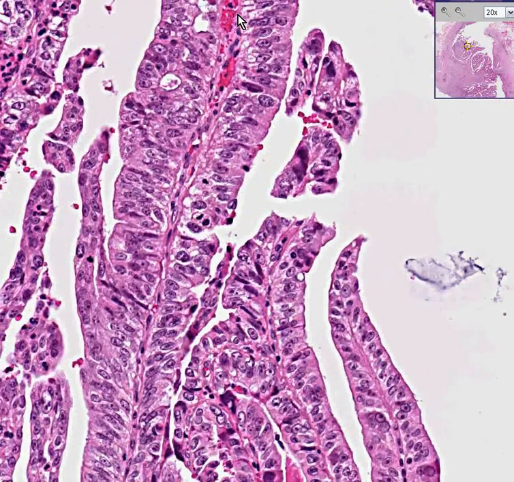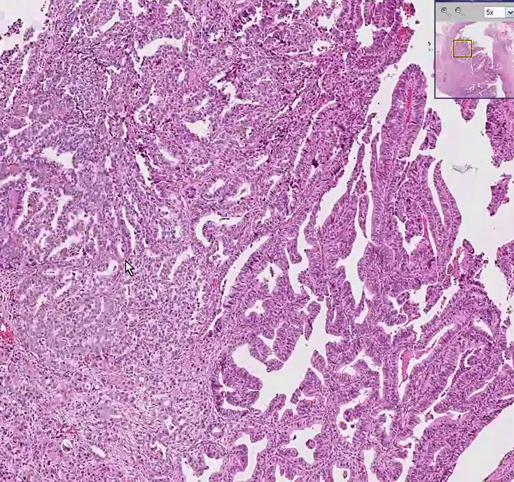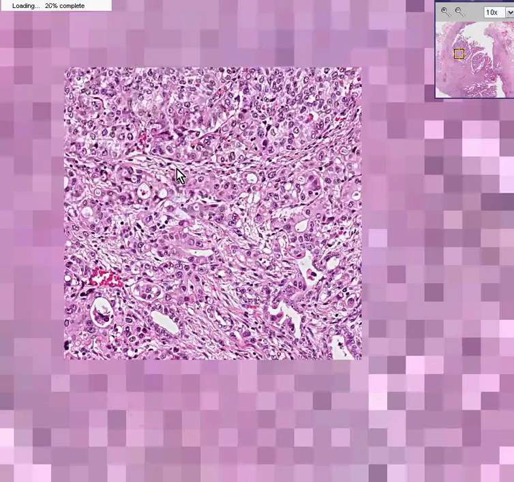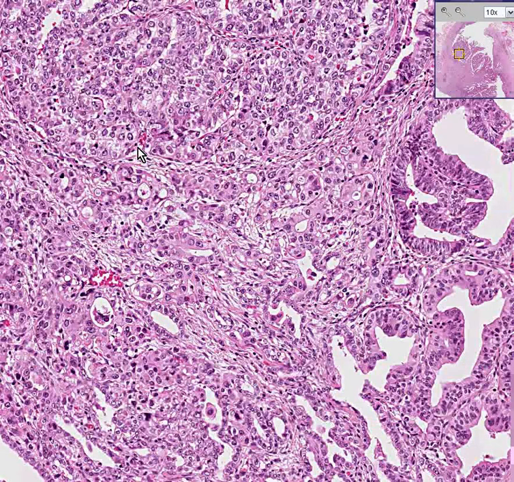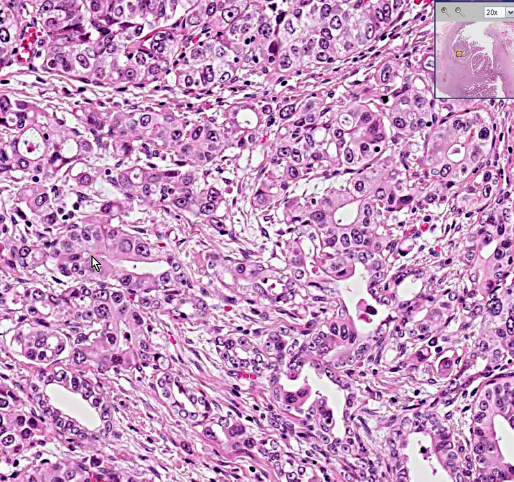Notice how in this area they still seem to be pretty well delineated from the central fibrovascular core of the papilla. But also notice that somewhere along the line they sort of lose their papillosity and turn into a pattern that looks kind of diffusely infiltrative of the connective tissue or the stroma between it.